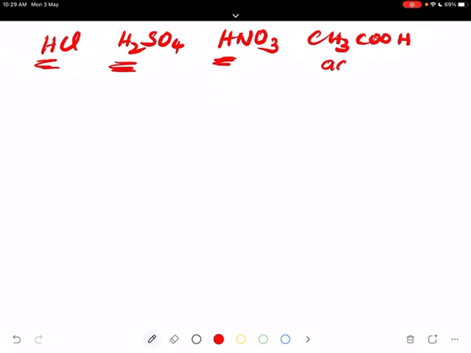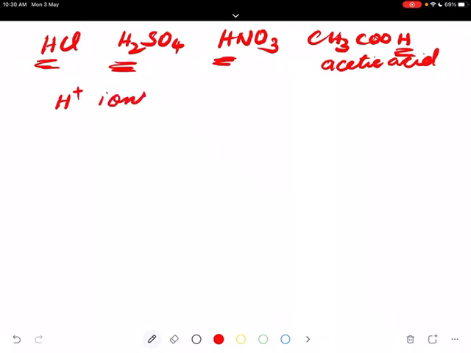This is acetic acid. See, H is there. So, all acids are having what is common? All acids are having H plus ions.